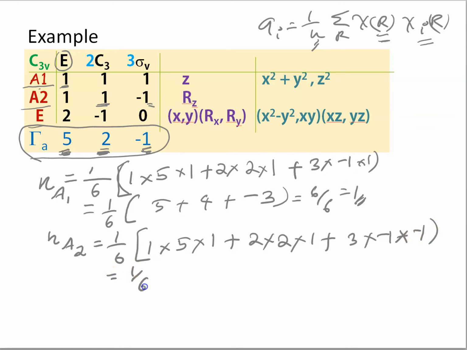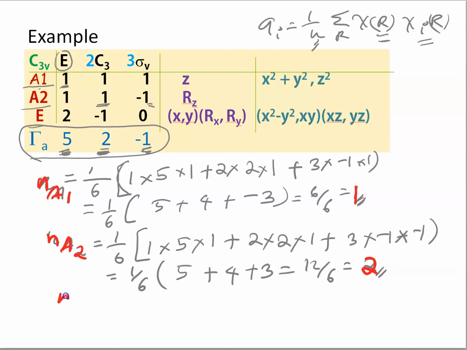That is equal to 1 by 6 into 5 plus 4 plus 3, which is 12 by 6, equal to 2. So the number of times A2 is present in gamma A is 2, and the number of times A1 is present is 1. This is N A1, this is N A2.